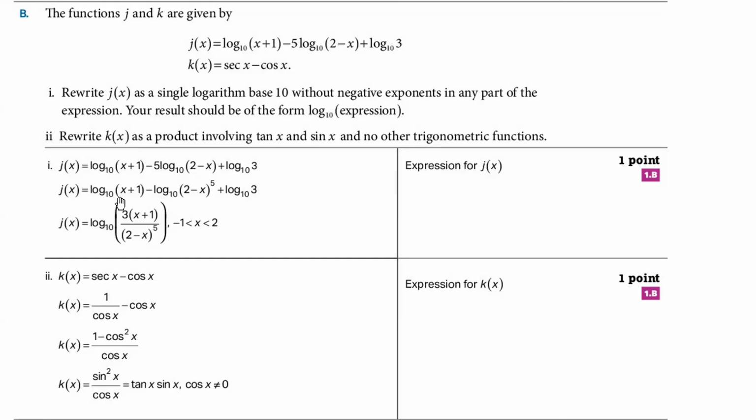That means they're going to be divided. So we have x plus 1 divided by 2 minus x to the 5th. And then we have plus log 3, and that means we're multiplying 3, so that belongs in the numerator. Things that are being subtracted belong in the denominator. Things that are being added belong in the numerator. Does that make sense? For our log and quotient properties.